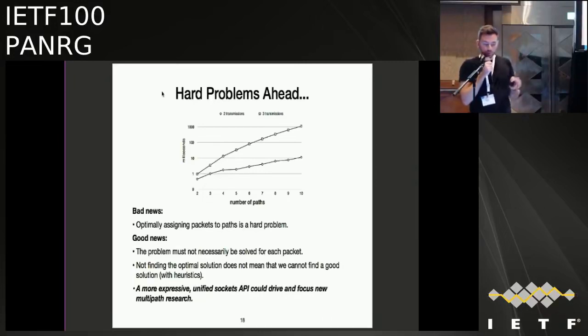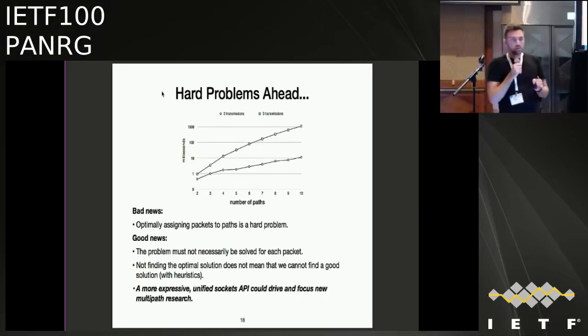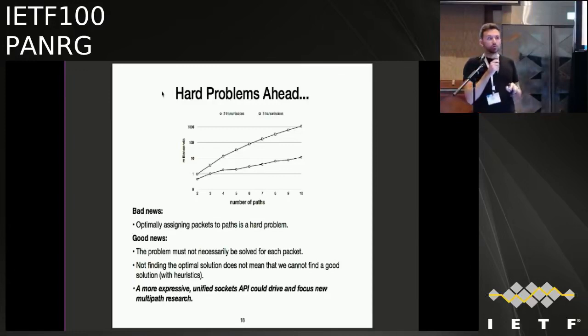That's the bad news. But the good news is that, assuming path characteristics are fairly stable, the problem is not necessarily solved for each packet. The other piece of good news is that not finding the optimal solution does not mean that we cannot find very good solutions with heuristics and simplifications.